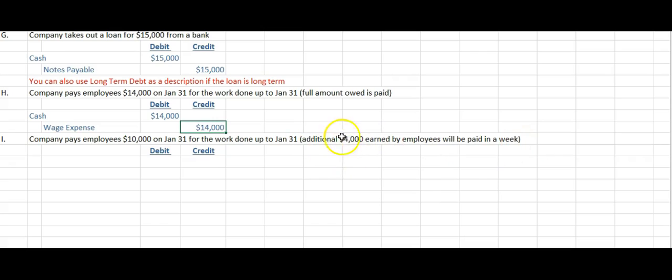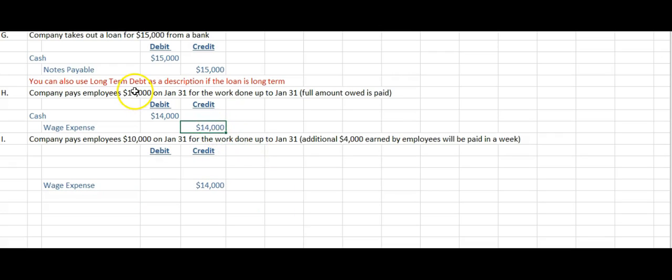So for whatever reason, we're not paying an extra $4,000. So in this case, notice what's going to happen. Is the expense the same? The expense is the same because the employees earned it, right? So in this case, the expense is going to be $14,000. It's going to be the exact same thing.